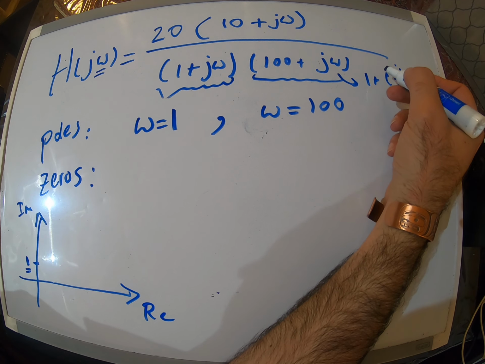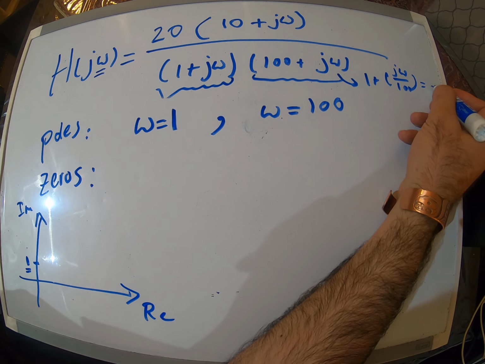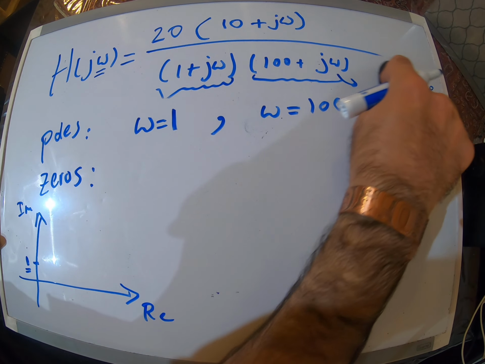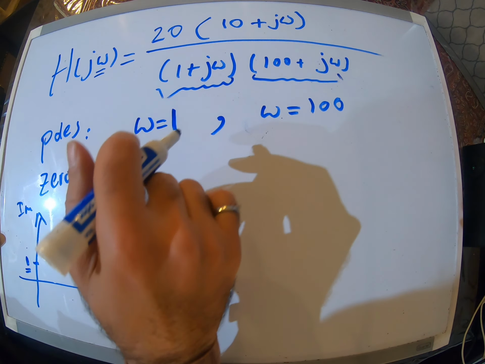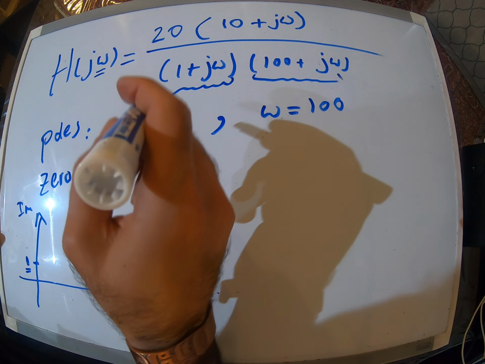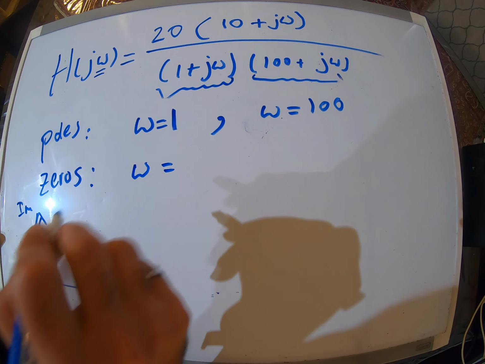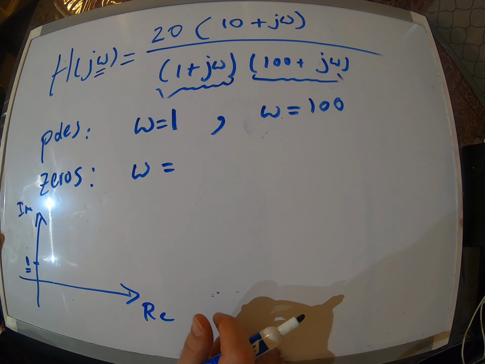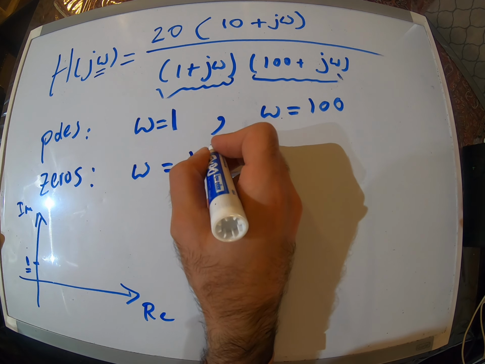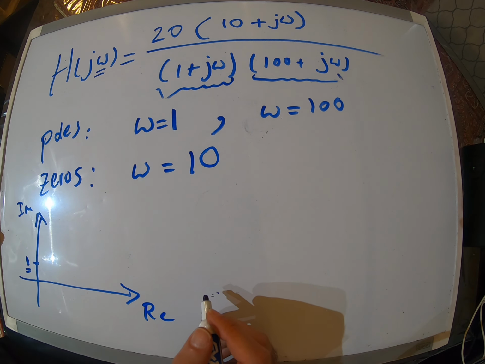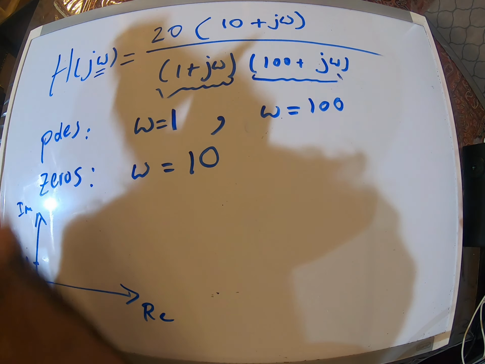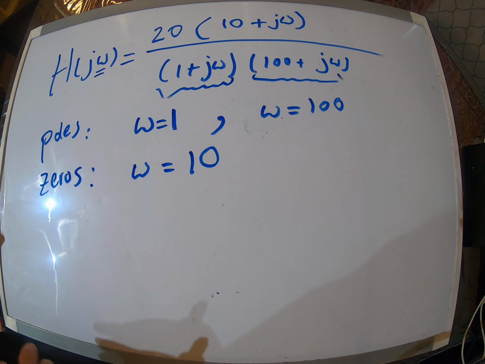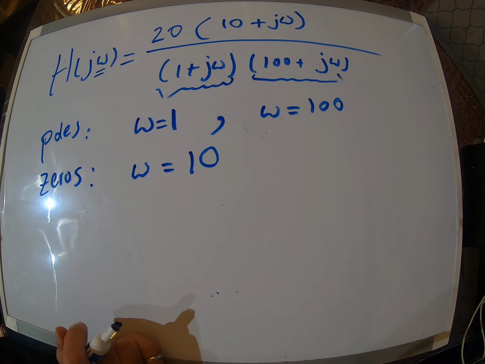You just have to make it equal to 0 and realize at what frequency this would be 0. And for the zeros, can you guess what the 0 is? Yeah, it's going to be omega equal to 10. So this transfer function has 2 poles and 1 zero.